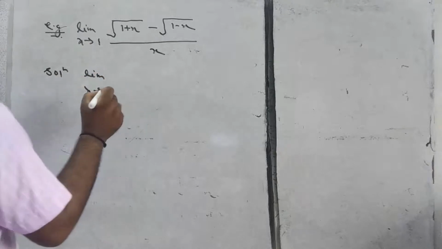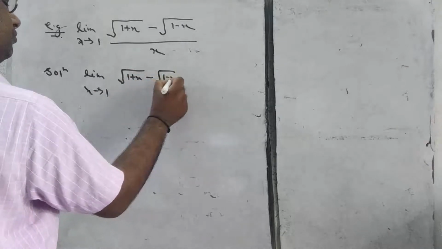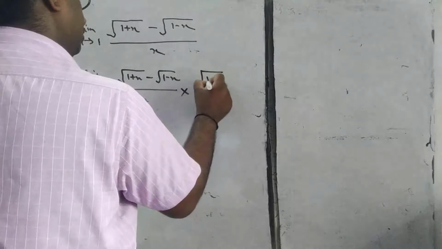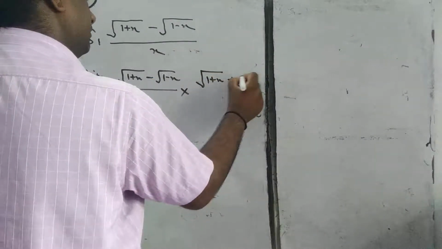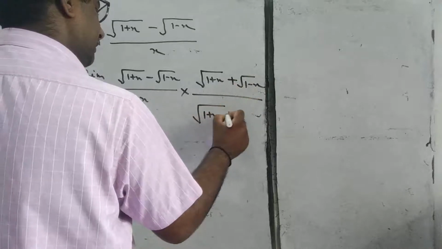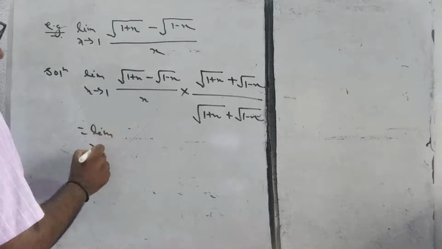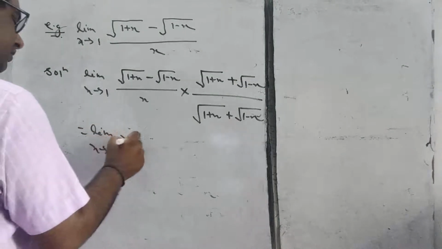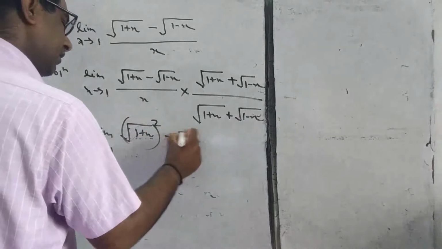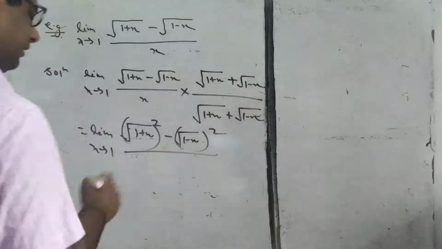Limit x tends to 0, root 1 plus x minus root 1 minus x upon x into root 1 plus x plus root 1 minus x upon root 1 plus x plus root 1 minus x, or root 1 plus x whole square minus root 1 minus x whole square, because a minus b into a plus b.